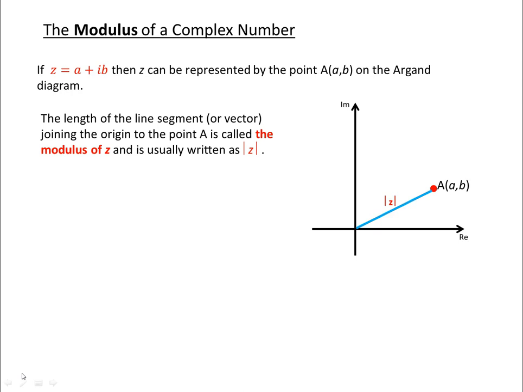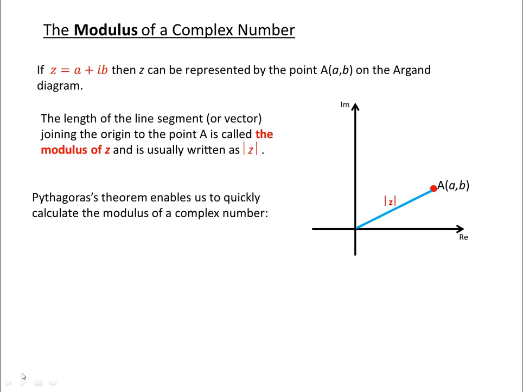And we know how to work out the distance between the origin and a point on our Cartesian plane. It's simply the square root of a squared plus b squared. So the modulus of a plus ib is the square root of a squared plus b squared.